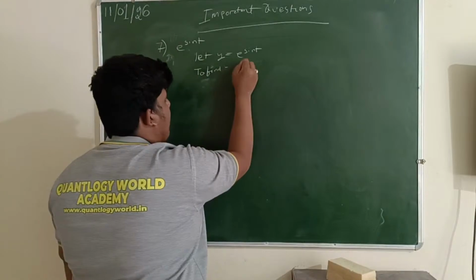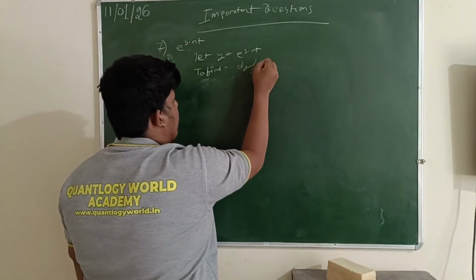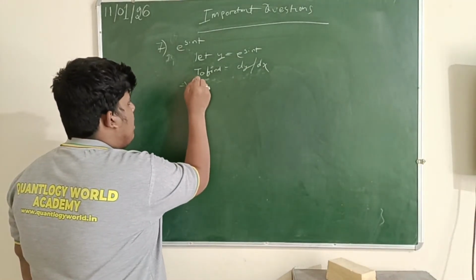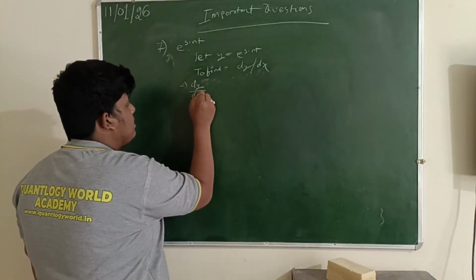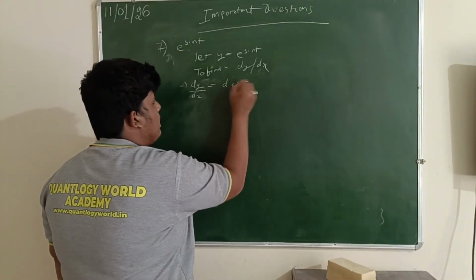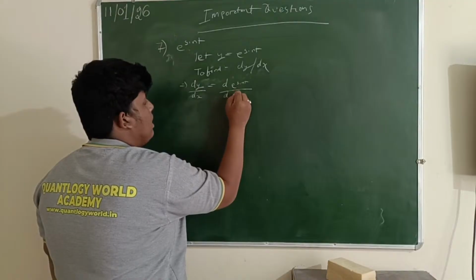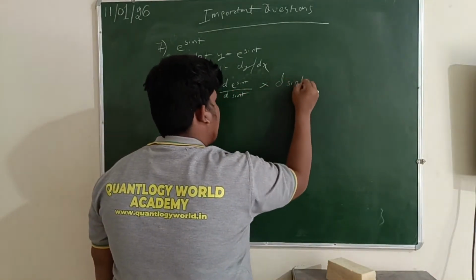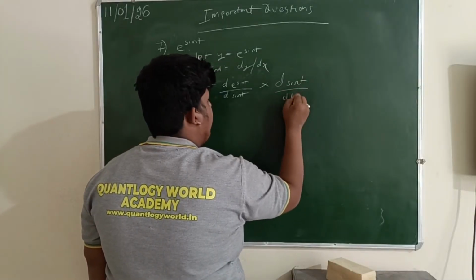To find dy by dx. We will find dy by dx. So dy by dx equals d of e to the power sin t with respect to d sin t, into d sin t by dt.